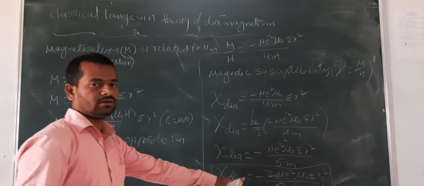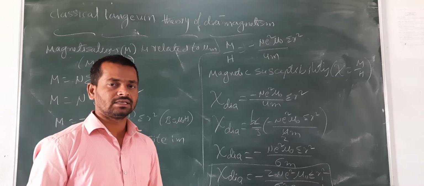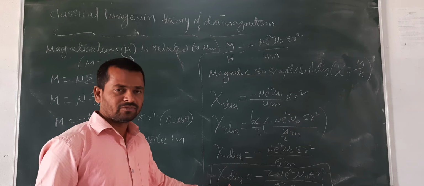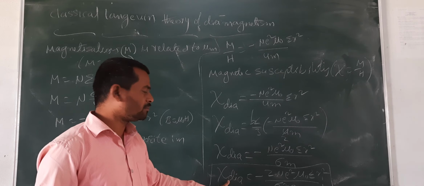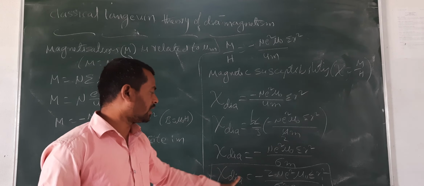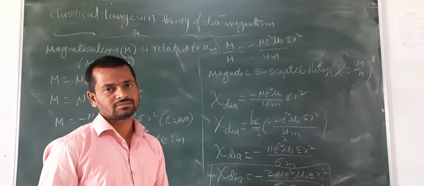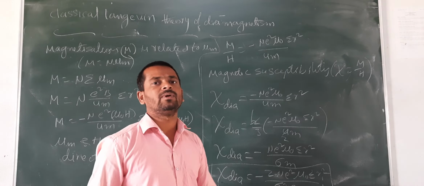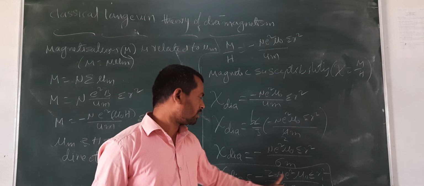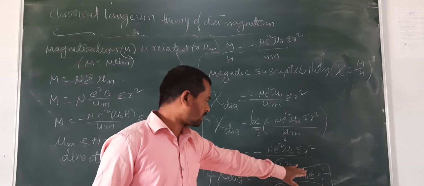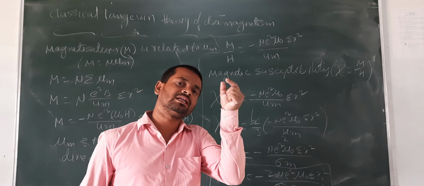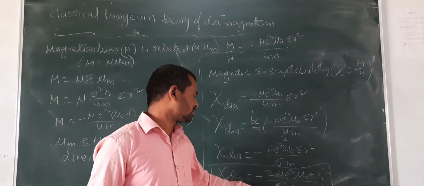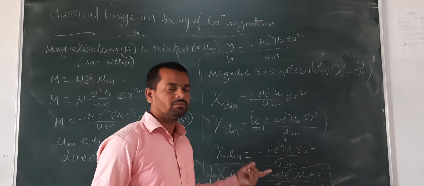This is our final required answer, right? So we know diamagnetic substances have a negative chi value, and it is a small value. Here 6 is very large compared to the remaining numbers, so that is why this term becomes small.